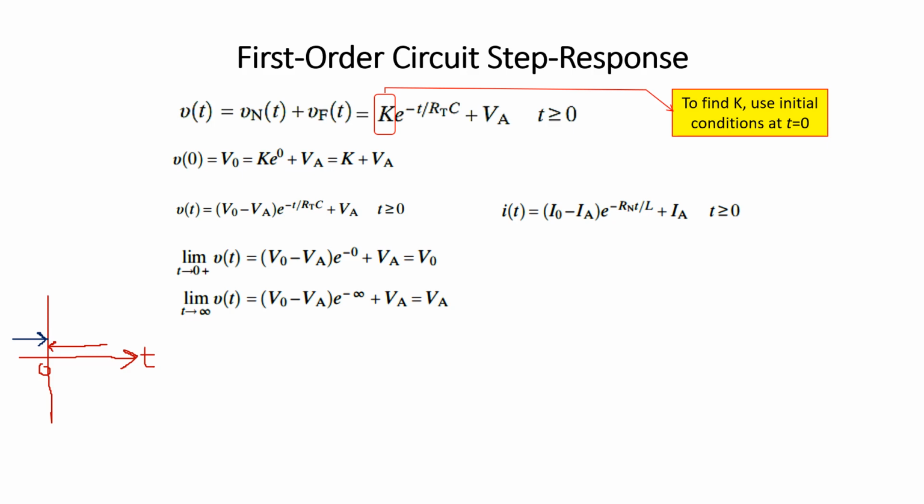So it's just one point, and we are just touching this 0 from the positive side. It will be 0 plus. If we touch from this side, it will be 0 minus.